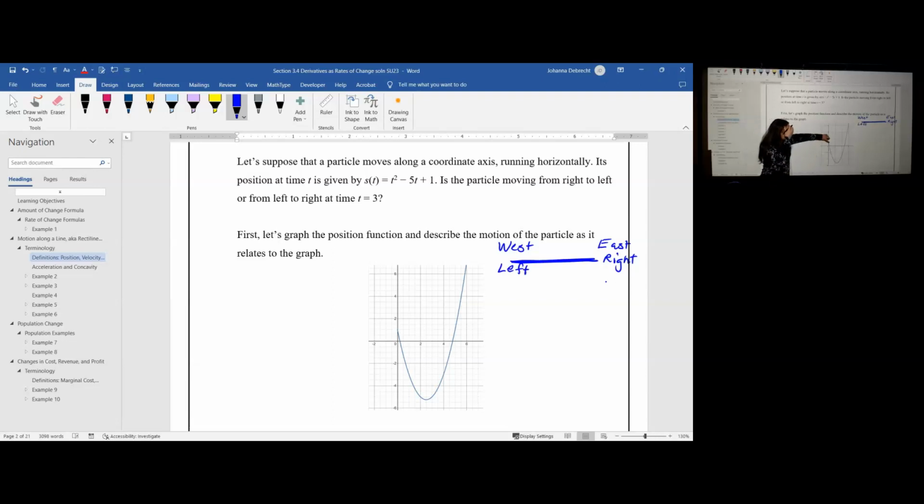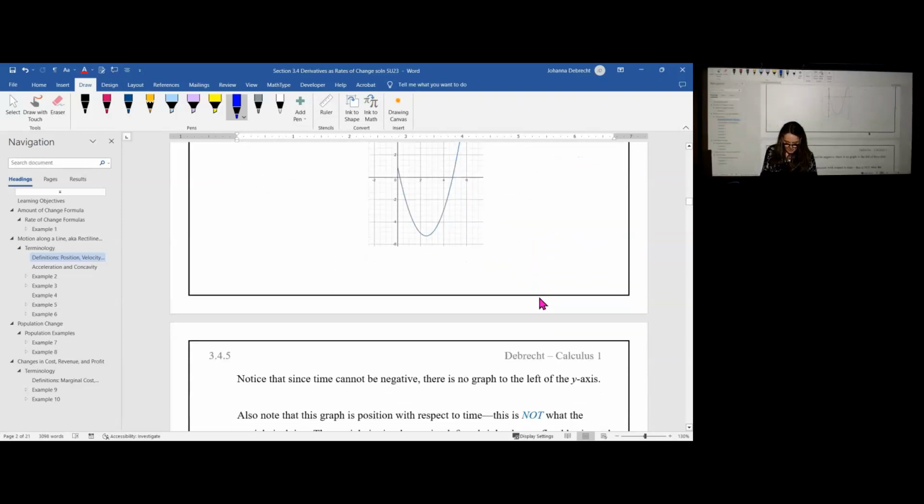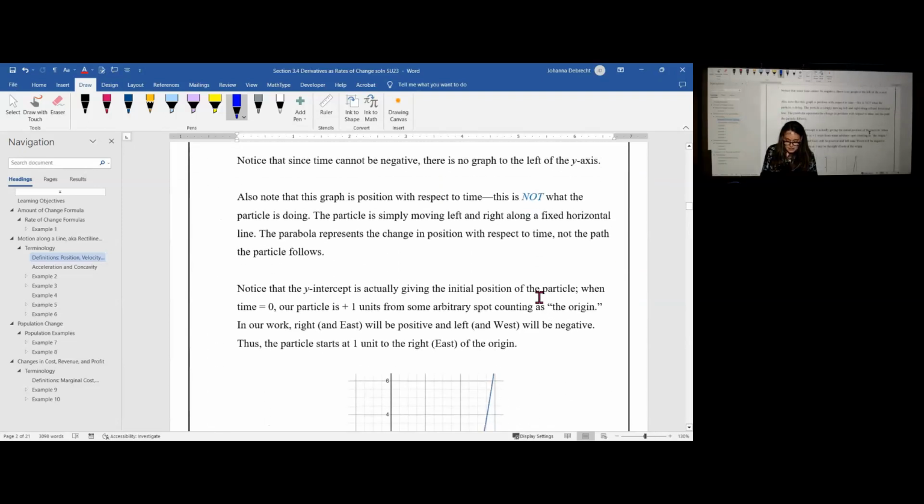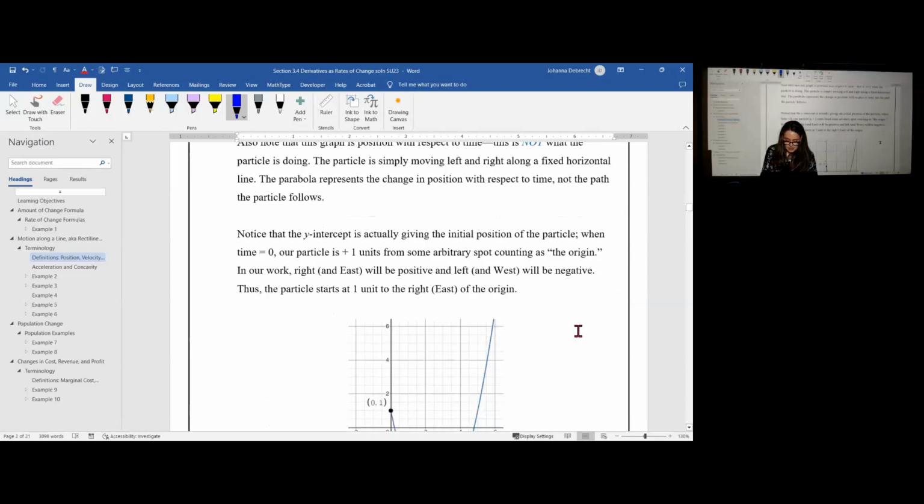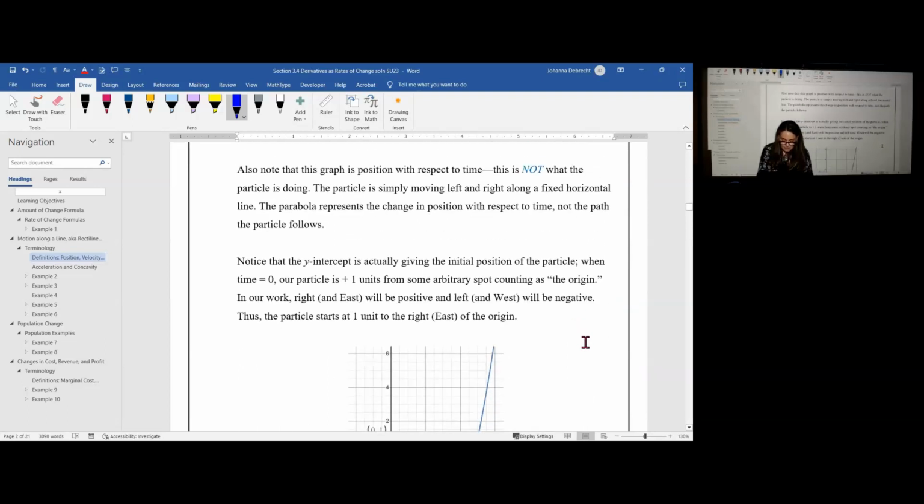If the position is above the x-axis, it is to the east or right of Denver. If the position is below the x-axis, it is to the left or west of Denver. Notice that time cannot be negative, so there is no graph to the left of the y-axis. It doesn't make any sense to allow time to be negative.